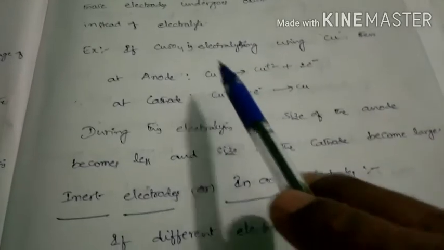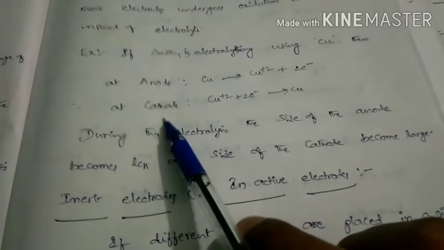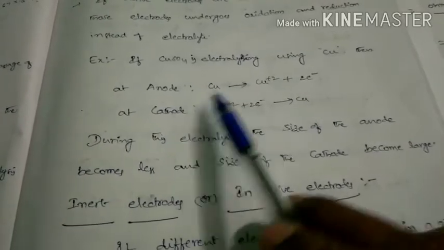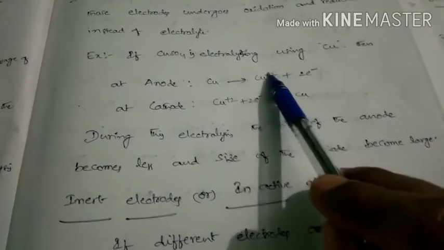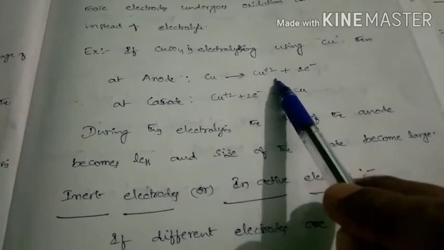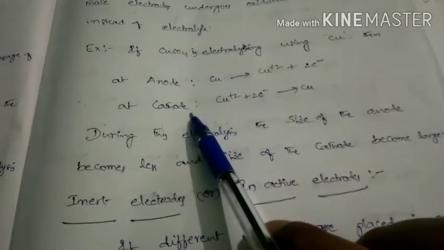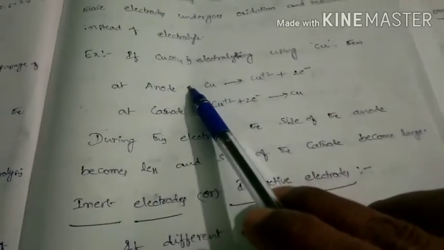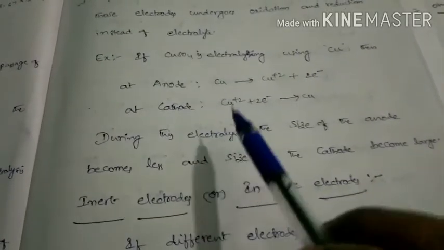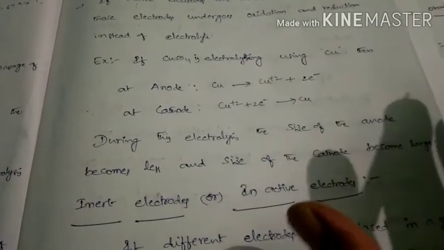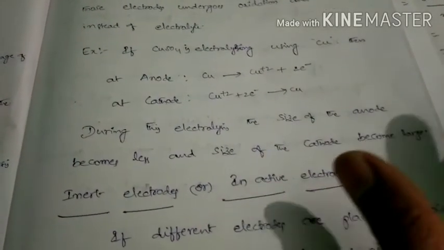But at the cathode, Cu2+ ions move towards the cathode and are deposited over the cathode electrode. That means the size of the cathode increases, but the size of the anode decreases. So this is a very important point.